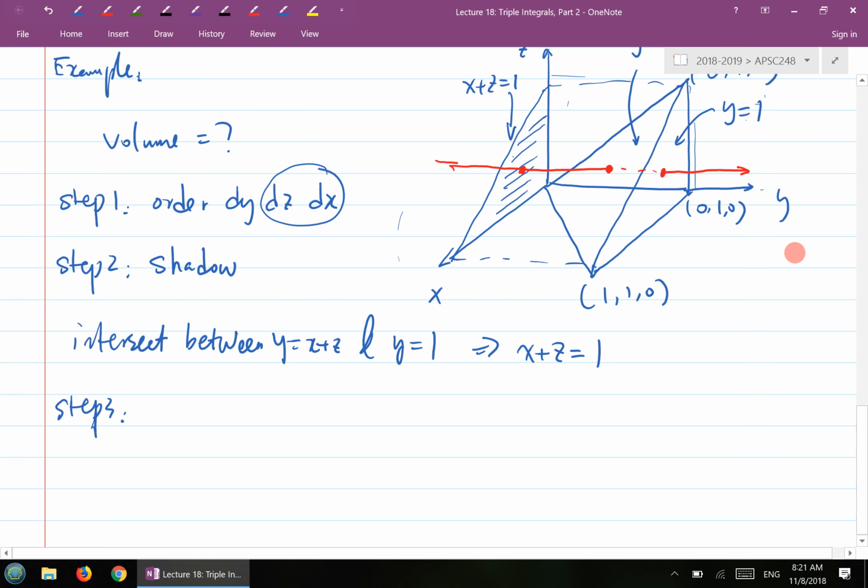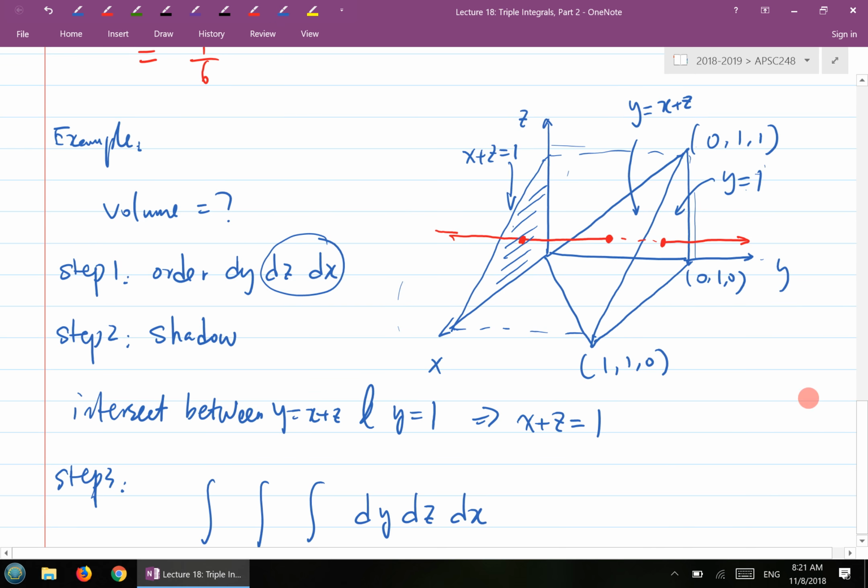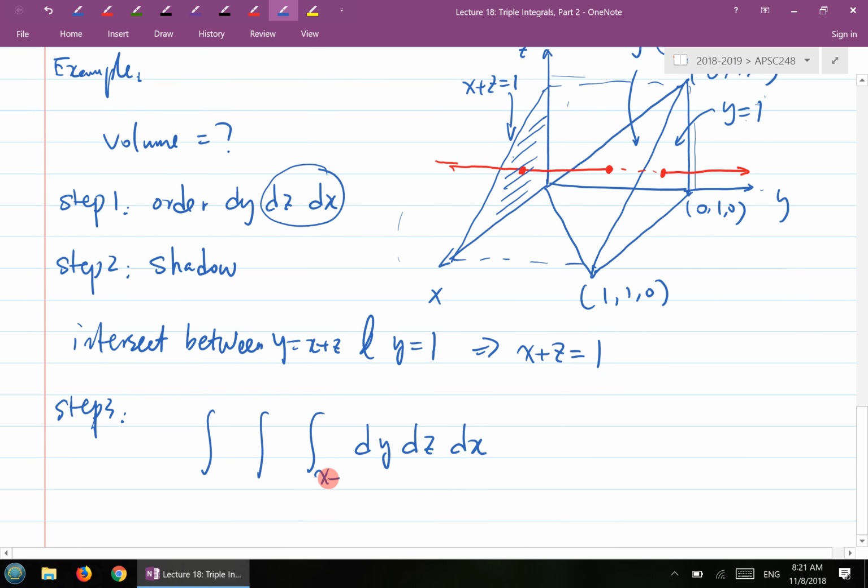So I'm going to put down all my missing puzzle pieces here. Since it falls onto this plane, your y min must be x plus z. That's the plane, in general. So y min is x plus z.